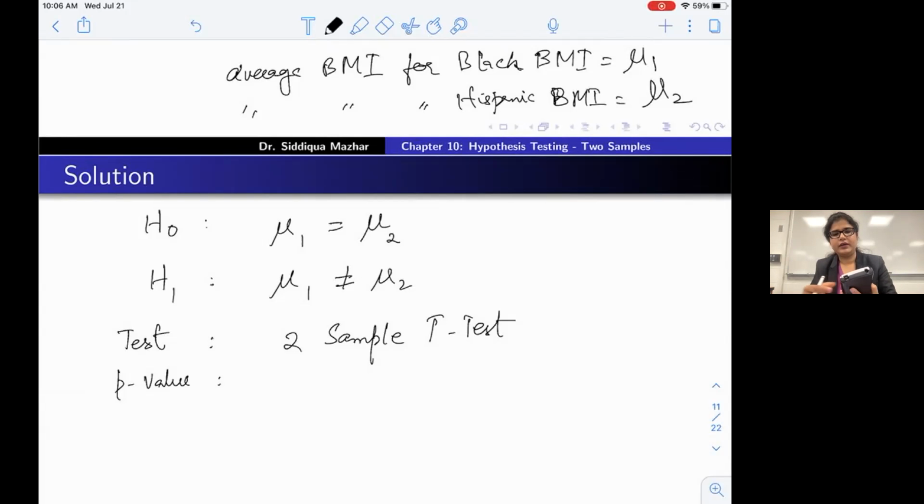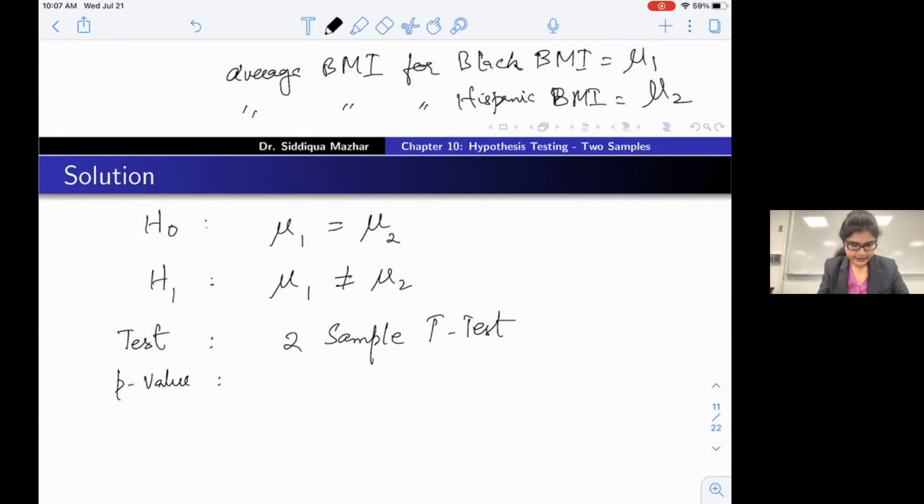But we do not have raw data, so we will go to stats. In stats, you will see X1, S1, and N1. We are choosing Black BMI, so for X1 we write their average BMI.